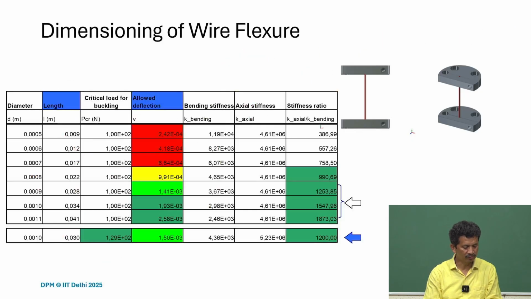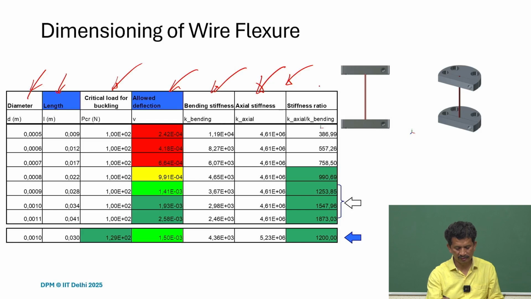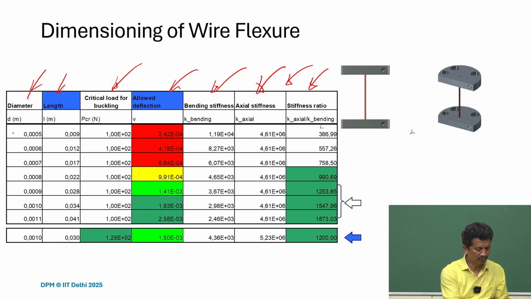So we can work with any kind of program, or even with an actual sheet we can prepare: diameter, length, critical load for buckling, allowable deflection, bending stiffness. All this, the ratio we can put. I started with 0.5 to 1.1 millimeter diameter, and length from 9 millimeter to 41 millimeter.